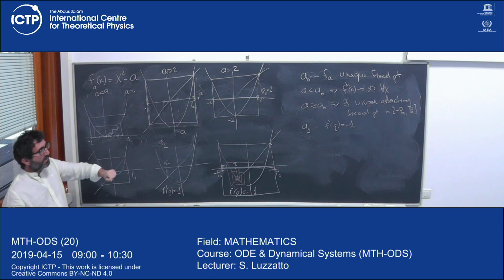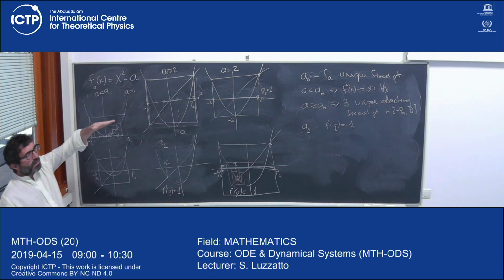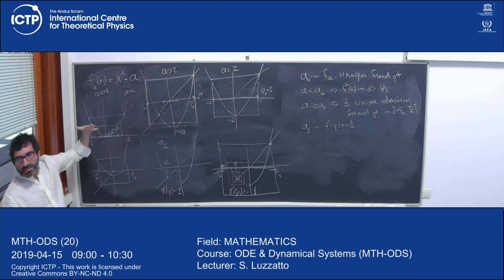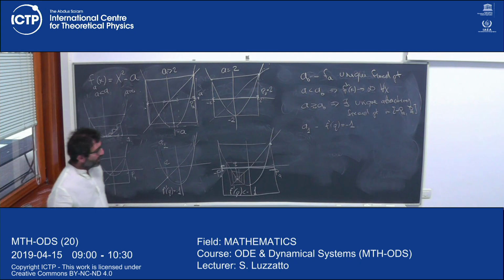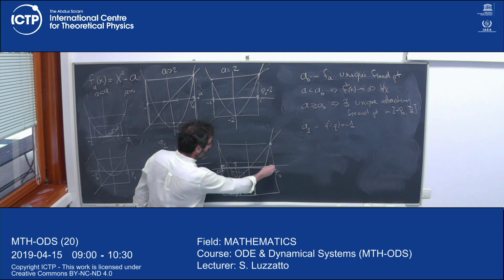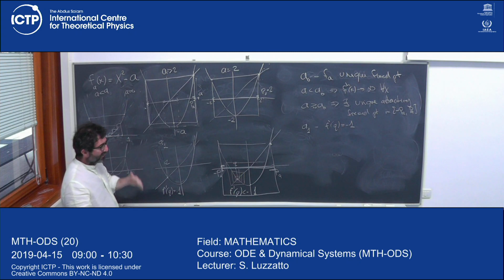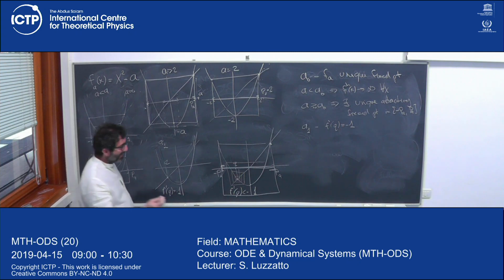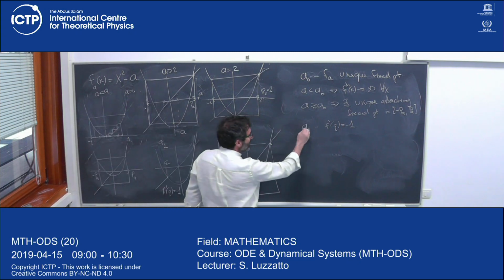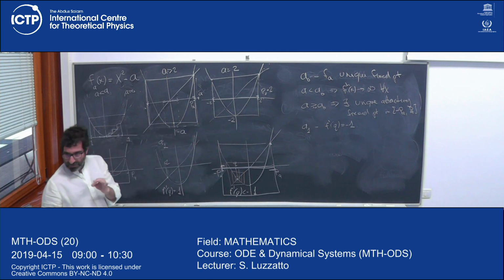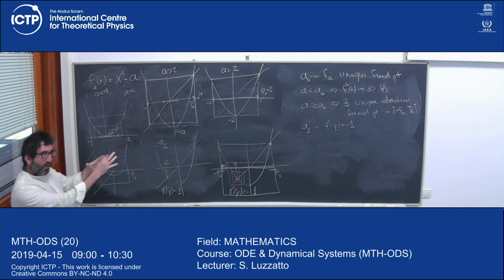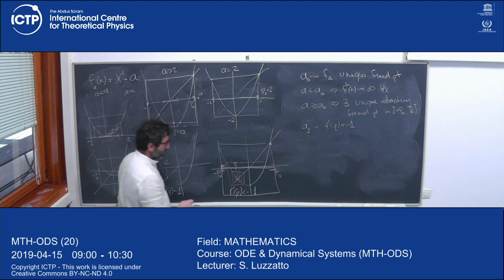But the nice thing is that all these parameters you can calculate very easily, explicitly. With the formula, you can calculate the two fixed points and their derivatives, so you can calculate exactly this parameter A1. So it's very concrete, at least up to here.